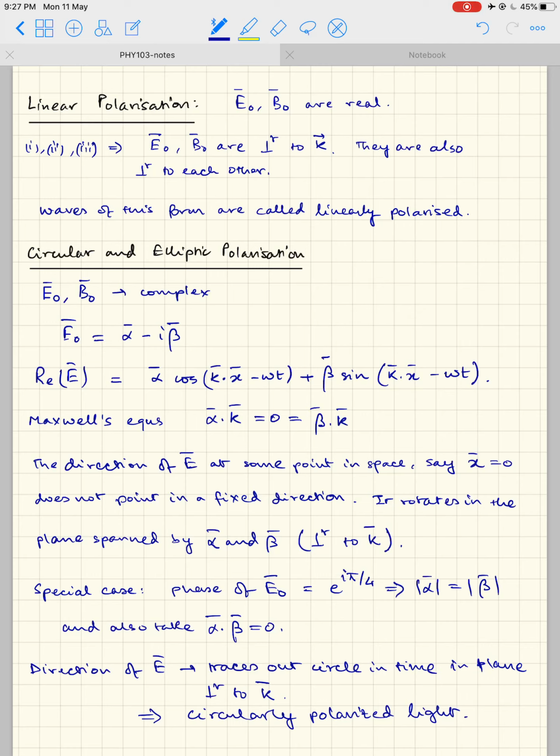When this is not the case, this traces out an ellipse.